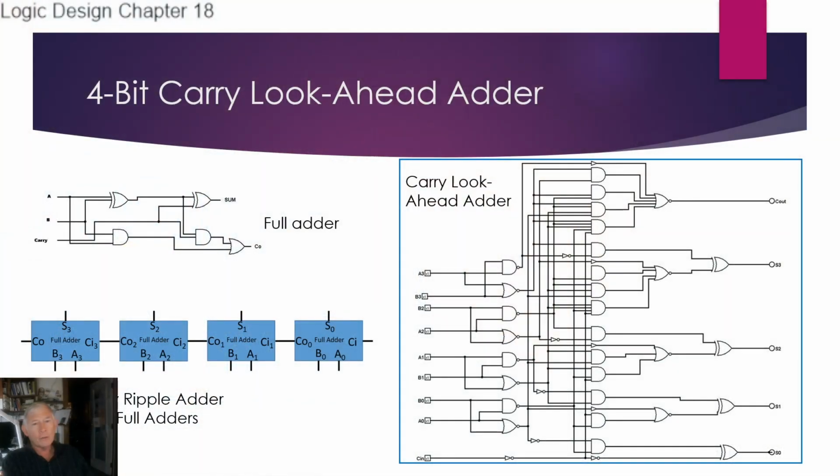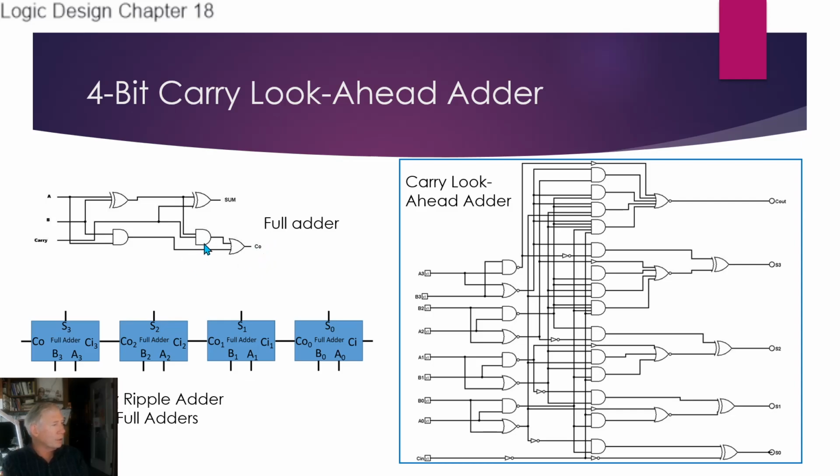And that means that if we look back at this circuit, you can see we have an exclusive OR gate for the sum, and for the carry out we have an AND gate here, an AND gate here, and an OR gate. So we have 2 gates that it has to pass through before it generates the carry out.